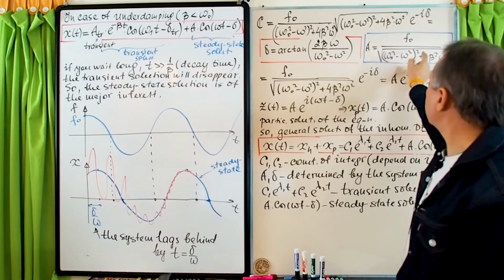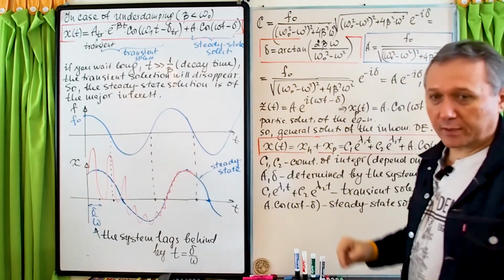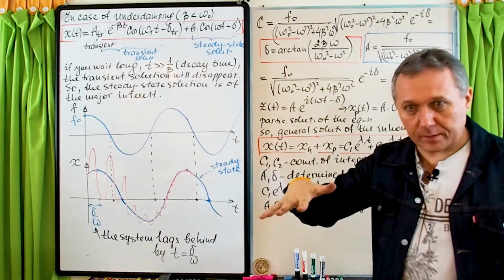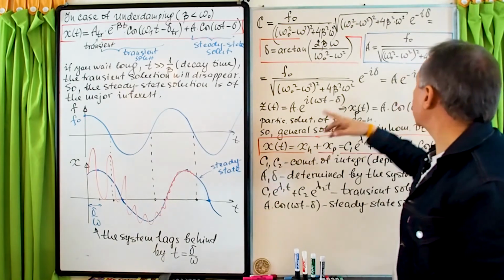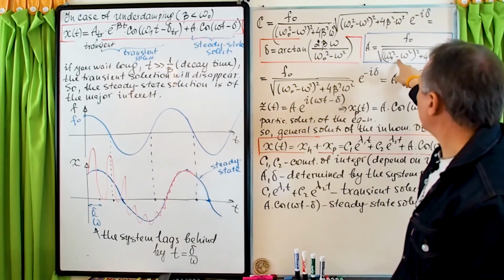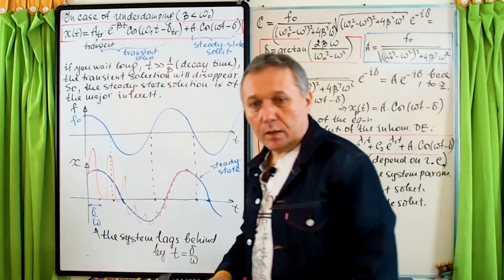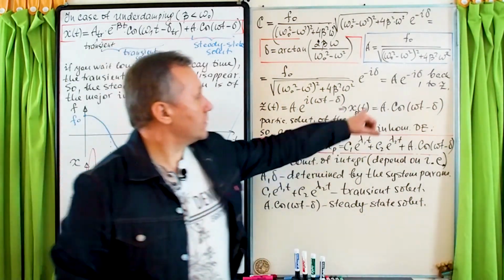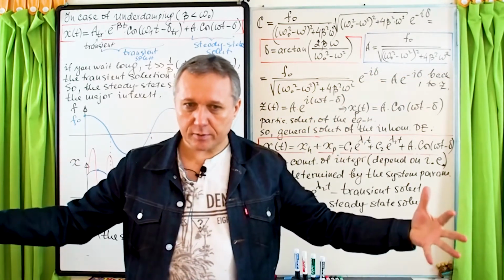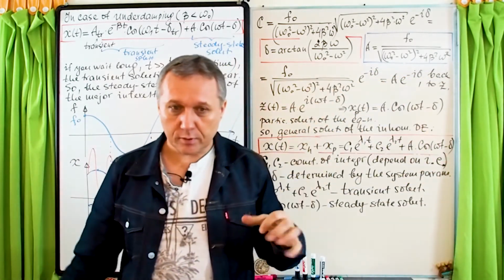As a result, the whole denominator becomes smaller, and as a result, amplitude becomes larger. Or if we move omega farther away from omega naught, then this term becomes larger, the whole denominator becomes larger, and as a result, amplitude gets smaller.